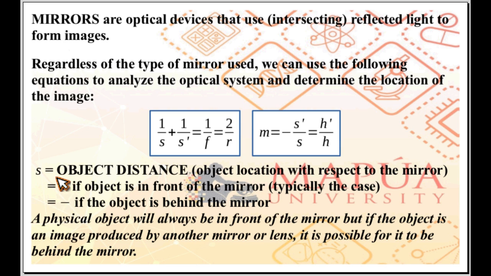So again, S is object distance, location of the object with respect to the mirror. The object may be in front of the mirror, S is equal to positive. And if the object is behind the mirror, you set S to negative.